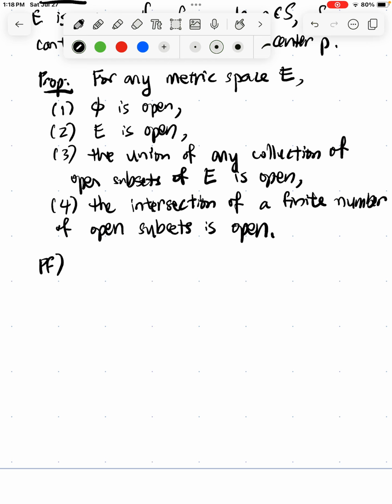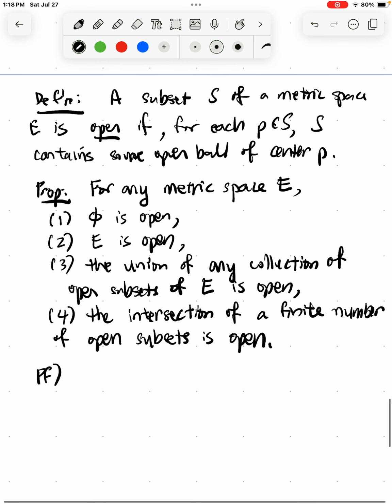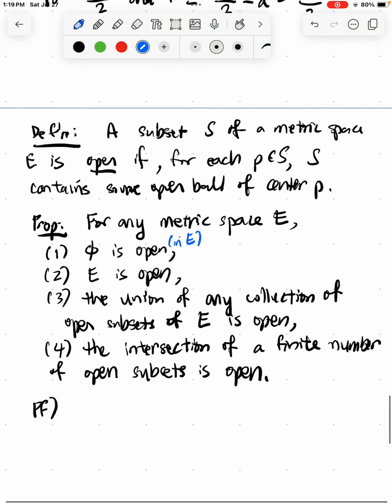So why is the empty set open? And by the way, when we say open here, for any metric space E, what we really mean is that this is open in E. So let's be more precise.